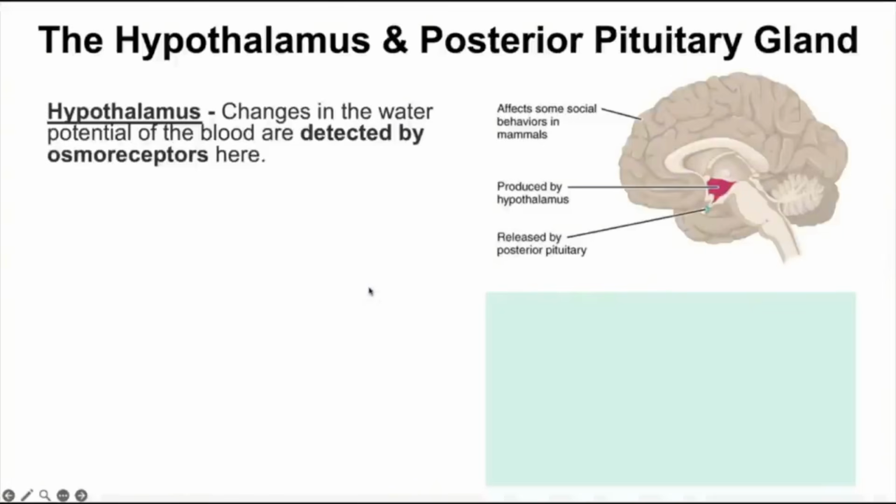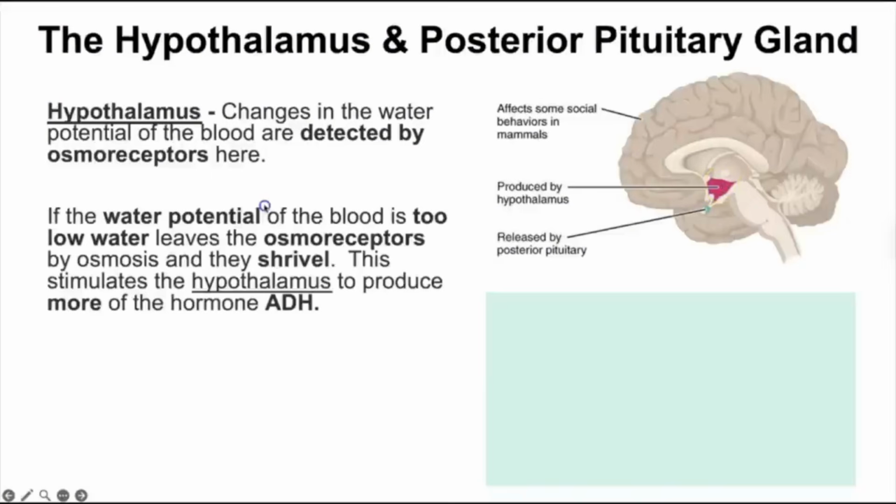So now, how the hypothalamus and the posterior pituitary gland are involved. The hypothalamus is going to detect changes in the water potential. Specifically, we have osmoreceptor cells, which are the receptors that detect the changes in water potential.